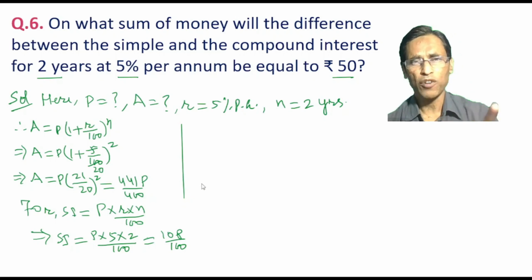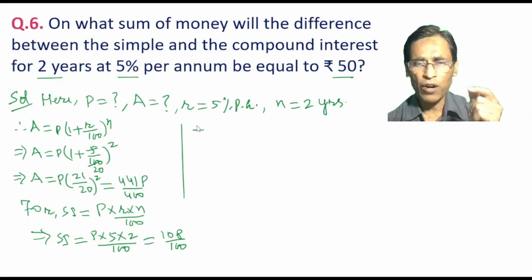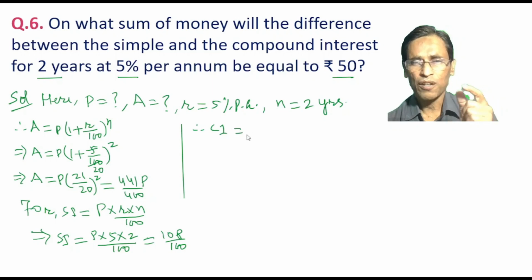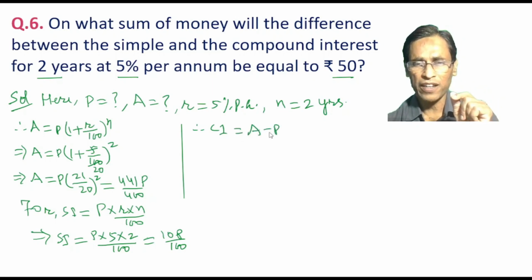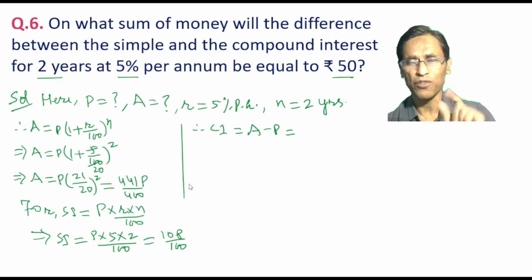Now we shall proceed for finding the difference between compound interest and simple interest. But where is compound interest? For finding compound interest, we proceed as A minus P. Now A is available as 441P by 400.